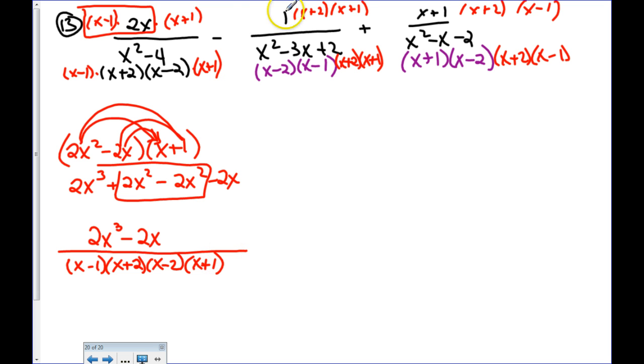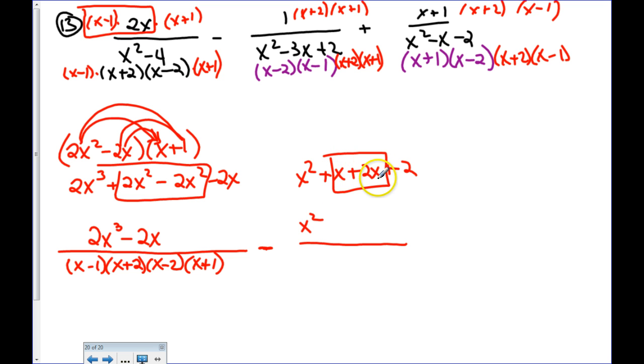All right, so we need to do the same thing for this. X times x is what? If we FOIL that out. So it'll be x squared. X times 1 is x. 2x. And then 2 times 1 is 2. So what can I put together here?